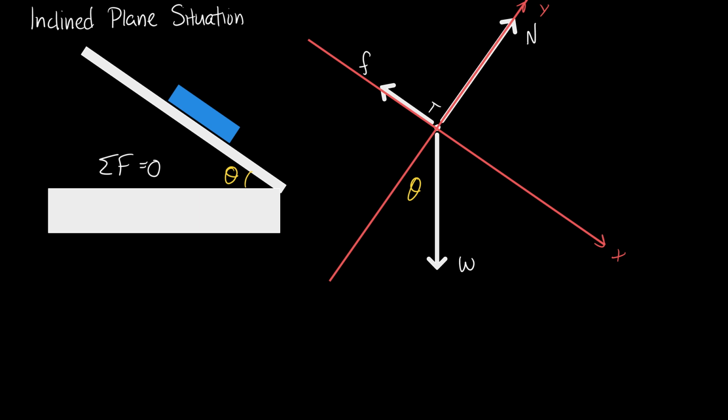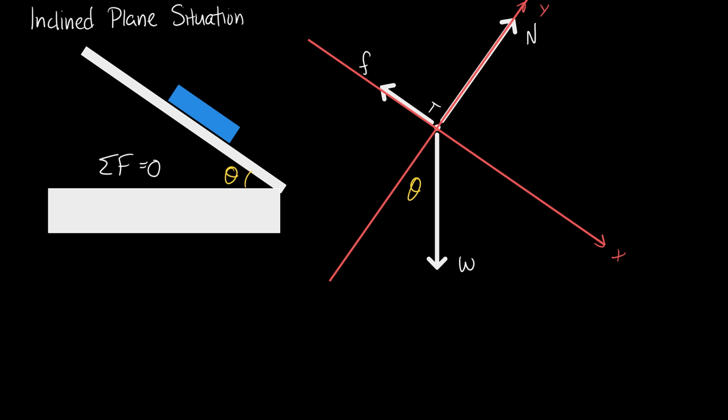Now, if you don't want to try and figure it out, theta always goes between the weight and the axis aligned with the normal force.